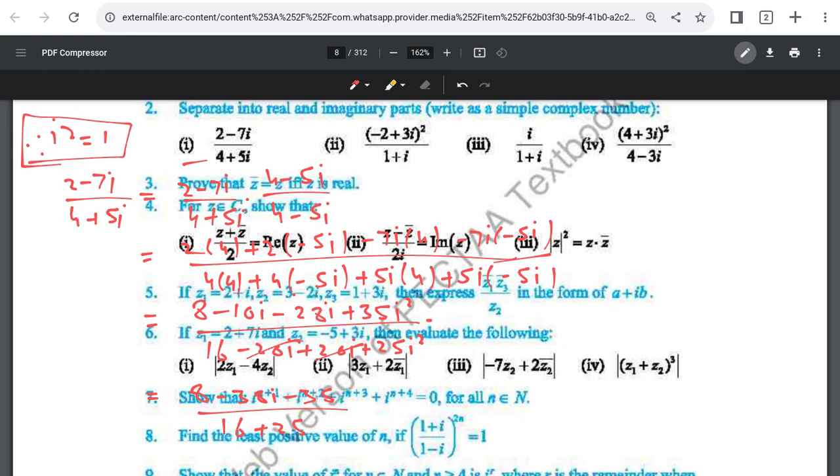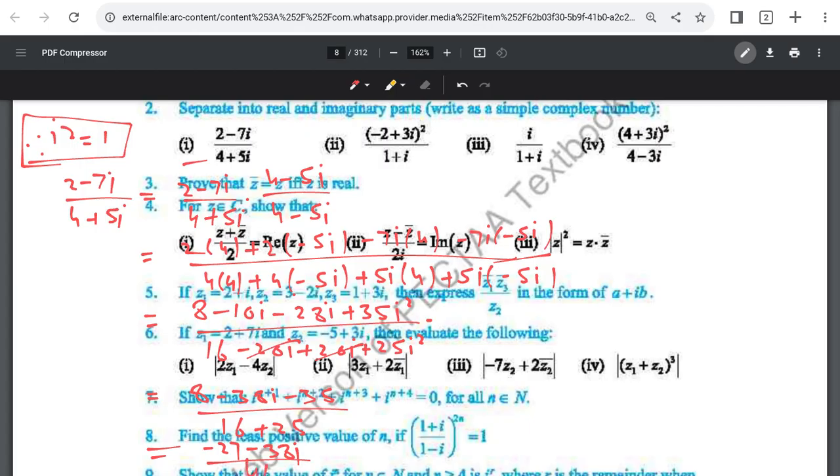Okay, so then we have minus 27 minus 38 iota over 41.